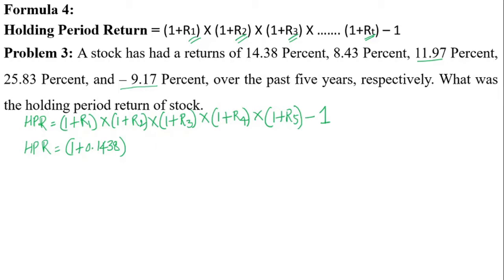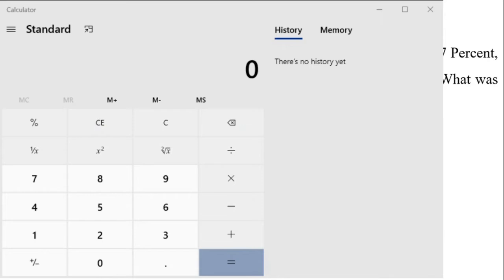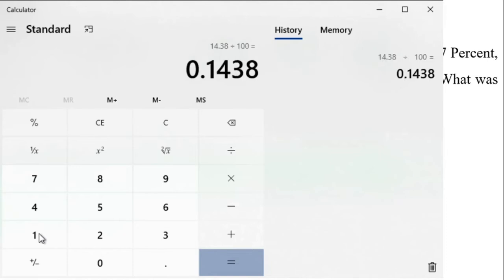If you want, you can see it in the calculator also: 14.38 divided by 100, then we will get 0.1438.